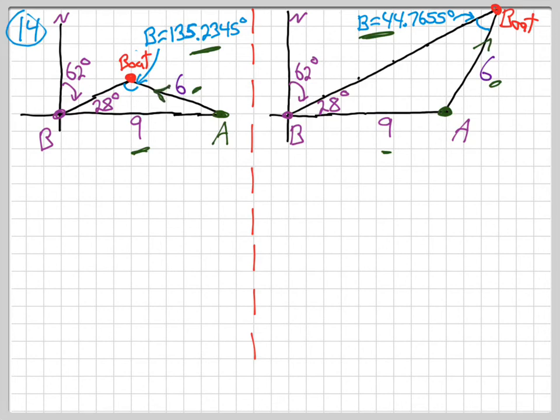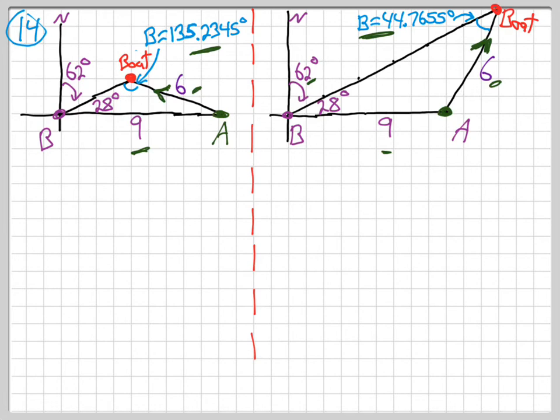We don't know if it went 6 miles towards B or 6 miles away from B. It went north, but we don't know if it went northeast or northwest, and that's why we end up with the 2 different scenarios. In both cases, it traveled 6 miles from A, and when viewed from B, it's 62 north, 62 east when you see the boat. So that's 2 very different positions for the boat.